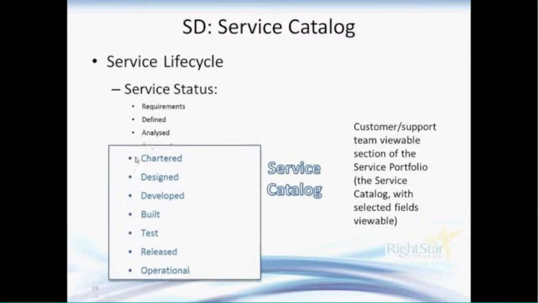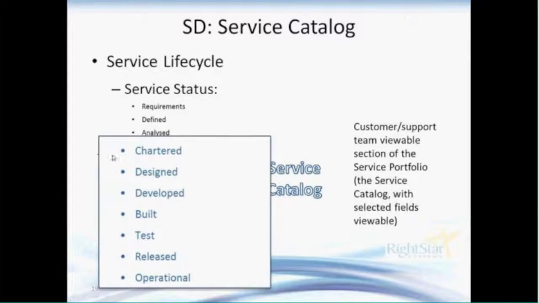When we get into the service catalog, when the service is chartered, that means that a team has actually been formed now, and they're moving forward with the service design. They're doing the development, they're doing building, testing. It's being released, and that service is going to be operational. So those are the service phases that are encompassed by the service catalog.